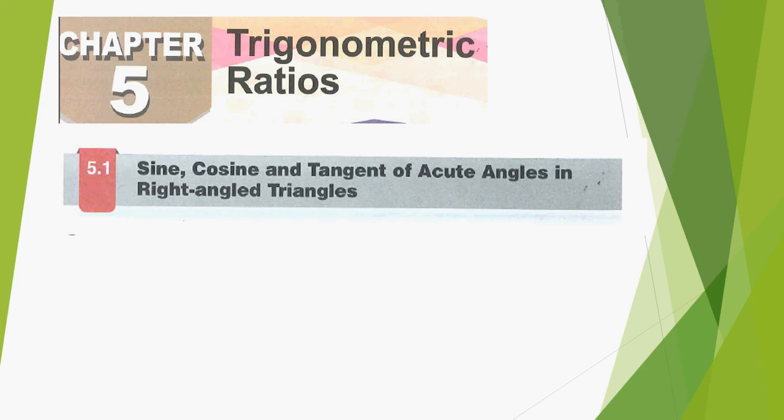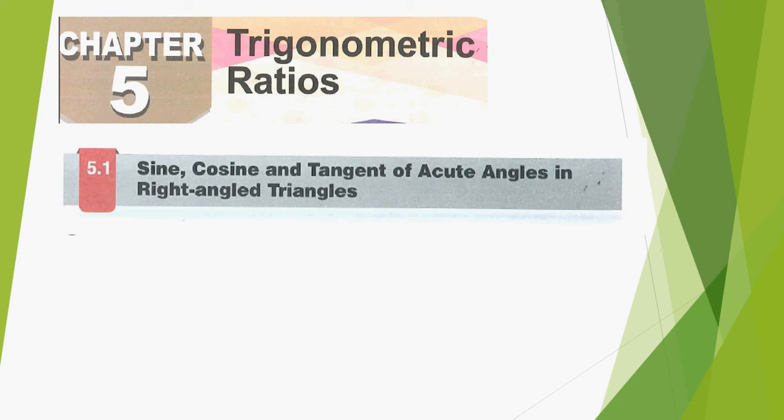In the previous video, I taught you how to identify the opposite side, adjacent side and also the hypotenuse for a right angle triangle. So if you cannot remember how, you may watch the video. Because for today I'm going to teach how to find the trigonometric ratios.